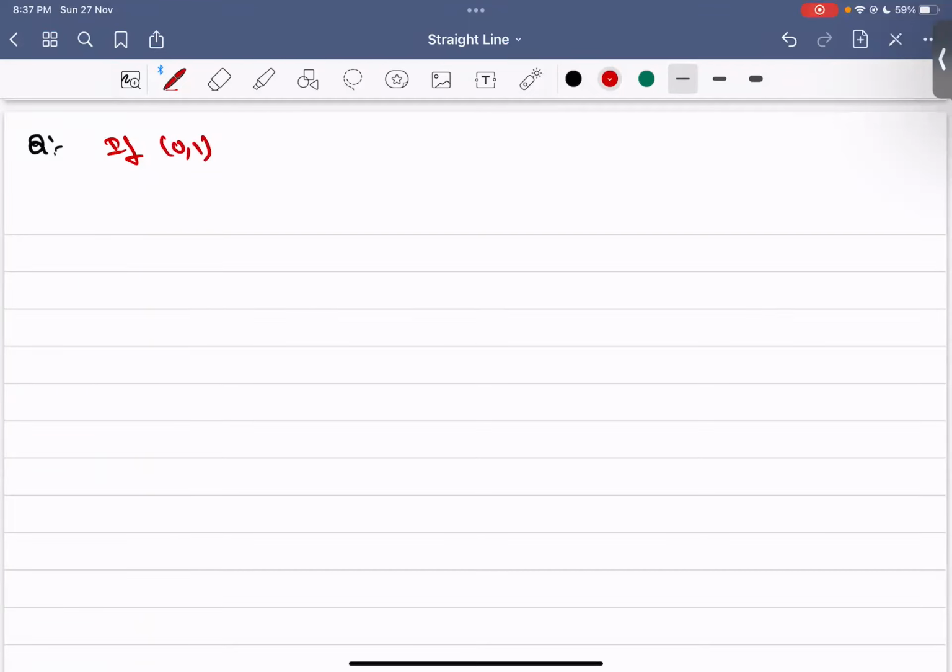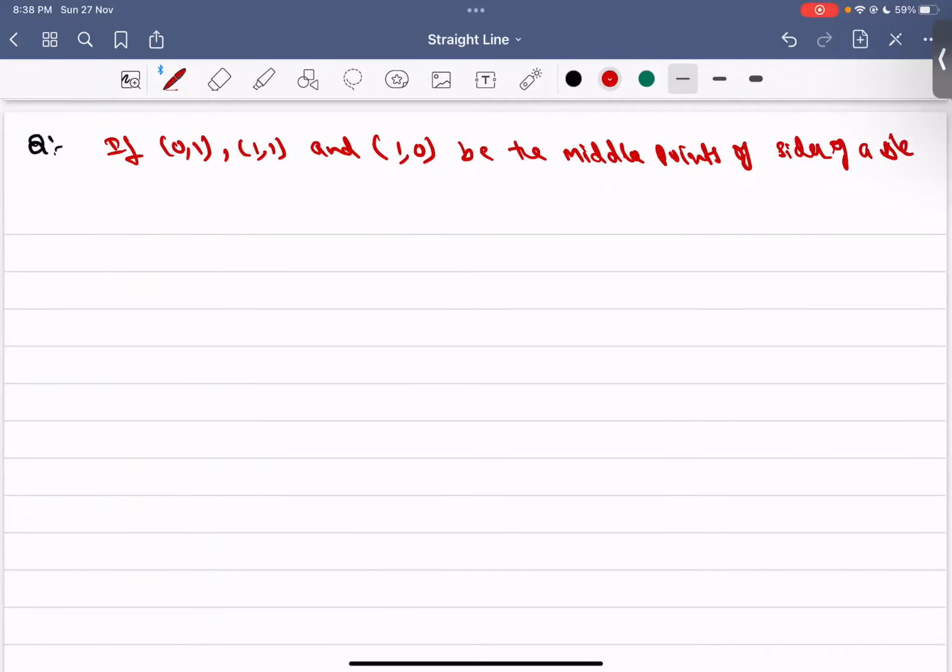If (0, 1), (1, 1) and (1, 0) be the middle points of the sides of a triangle, then find its incenter.